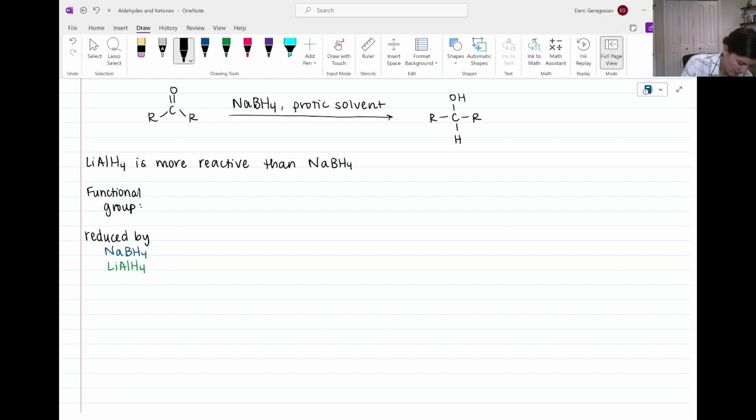All right, we'll start with aldehydes. So we have a hydrogen bonded to a carbonyl carbon, bonded to some other R group. We will include ketones, so 2 R groups, both are carbons. Some additional functional groups we'll consider: alkyl halides.